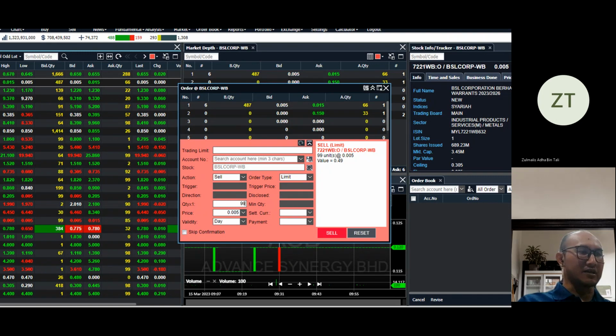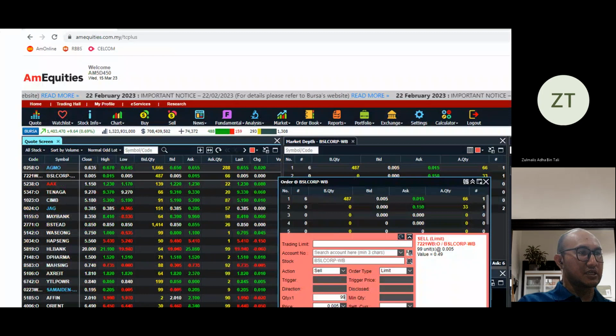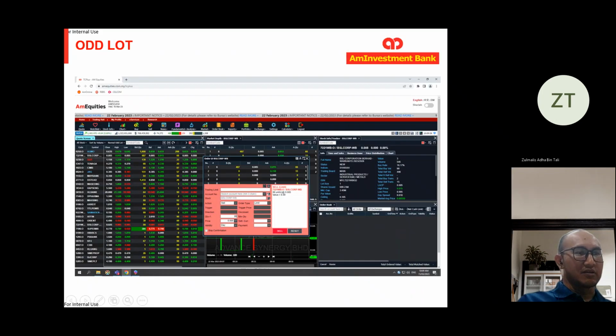If you have odd units from bonus issue or share dividend, you can sell them, you just need to change this screen. Make sure this under here is normal or not. To change back, there are a few options here. You can go back to normal board lot. So you need to change this, or else you can't straight away execute your odd units.